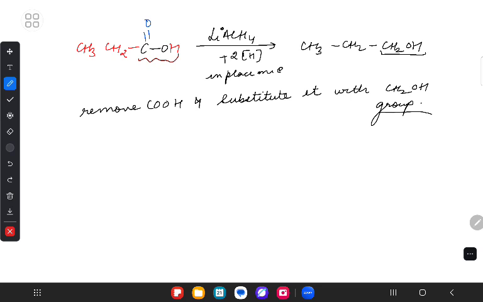Substitute it with the CH2OH group. Understood or not? Got it? Any doubts in this? Just tell me. No, understood, there are no doubts.